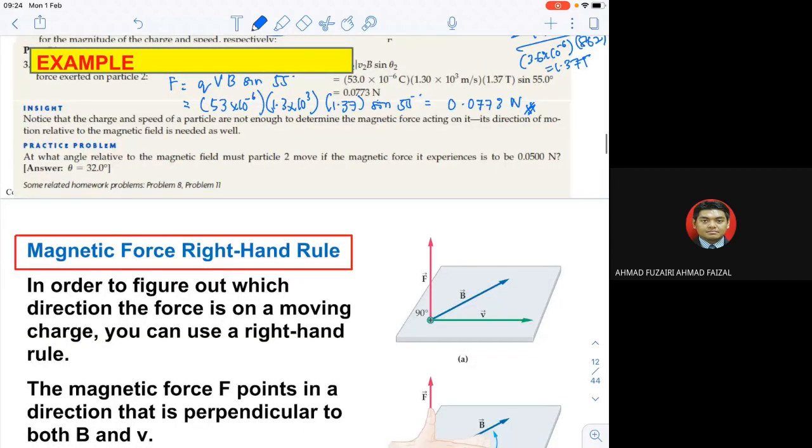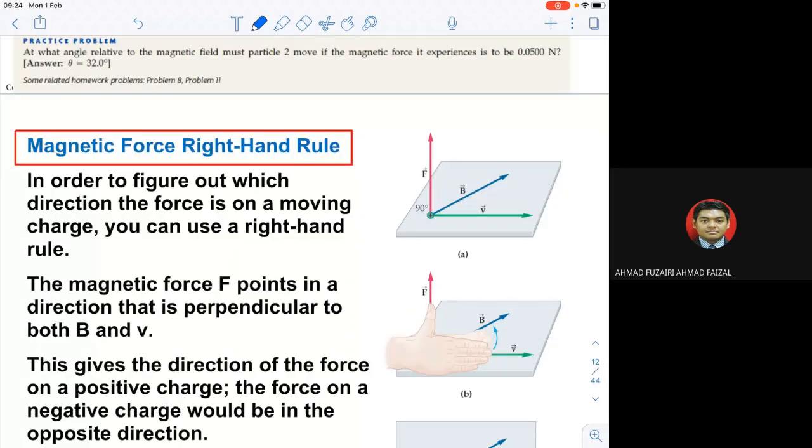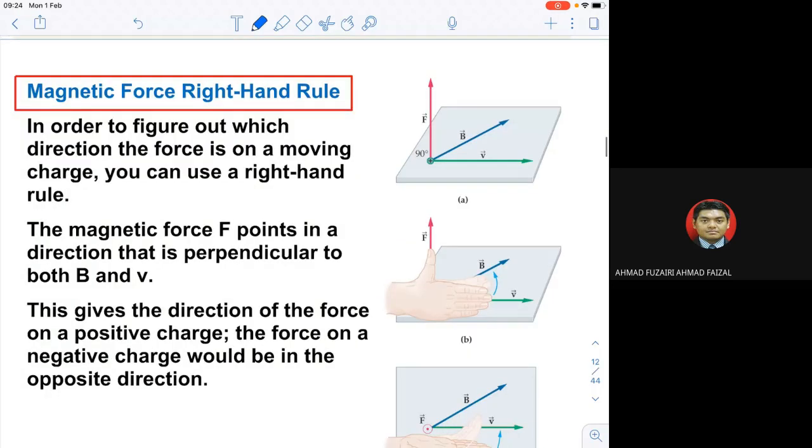Basically, the magnetic force F is a vector quantity. It should have a magnitude and a direction.